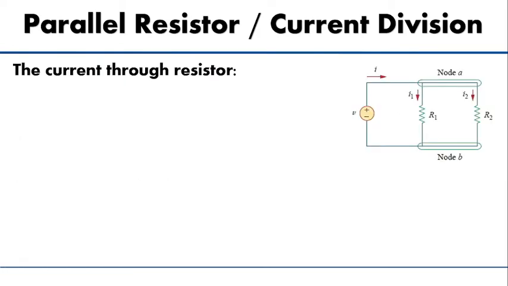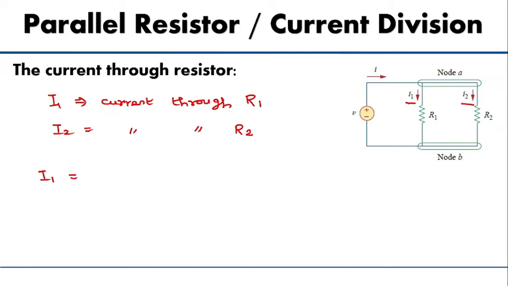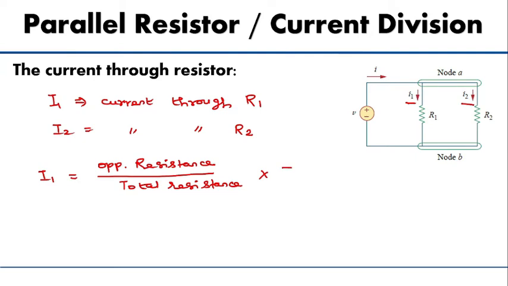Now the currents through the resistors are I1 and I2, where I1 is the current through resistor R1 and I2 is the current through resistor R2. The value of I1 we can find out from the equation: the opposite resistance divided by total resistance, into the total current.